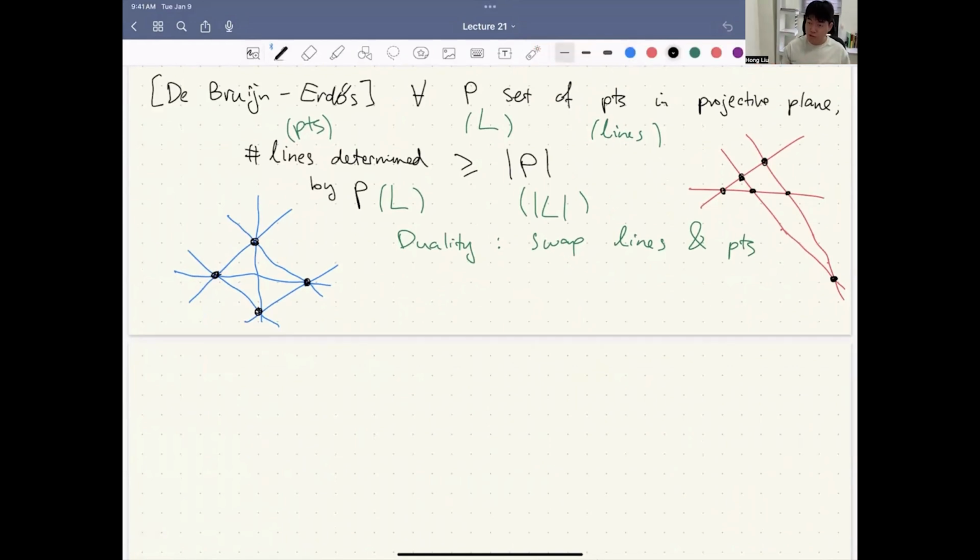And the combinatorial statement is about a family of sets with restricted intersection. That falls completely into the theme that we are talking about. So we're going to prove a combinatorial statement about a family of sets with restricted intersection.